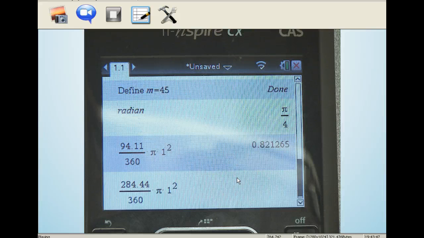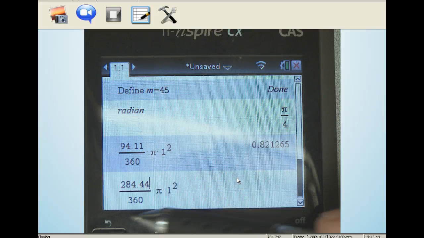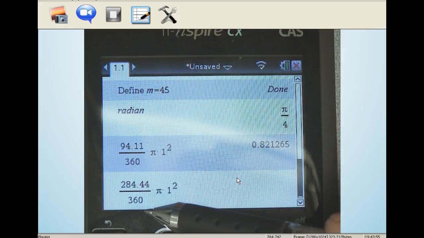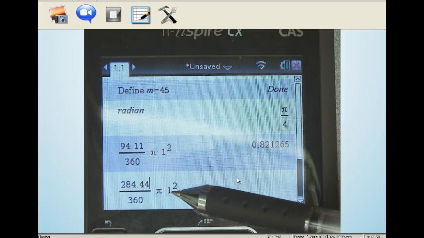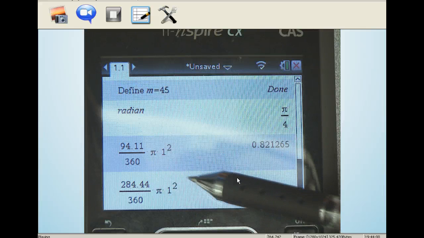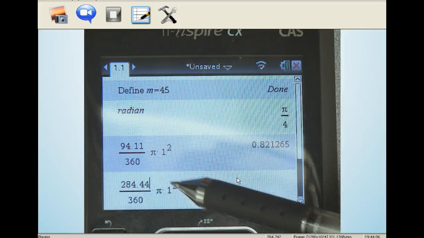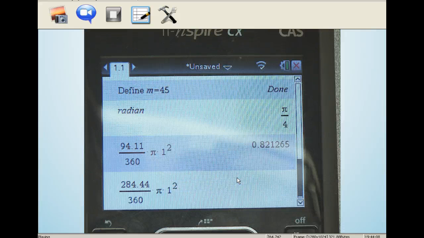The radius is still 1, and 360 is still the total number of degrees. We're only measuring this portion of 360, and pi r squared is the formula for the total area. So we're just measuring a ratio or a portion of a total area.